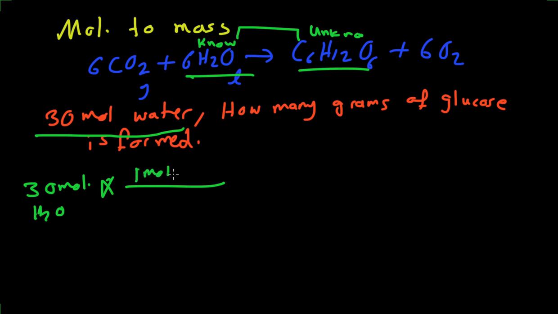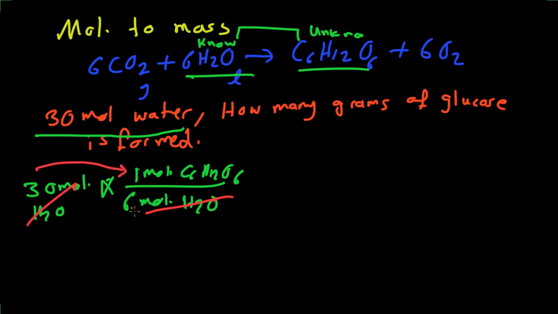So 1 mole of C6H12O6 and 6 mole of H2O. Good. Mole of H2O and mole of H2O are gone. So 3 multiplied by 1 divided by 6 is equal to 0.5 mole of glucose, C6H12O6. Good.